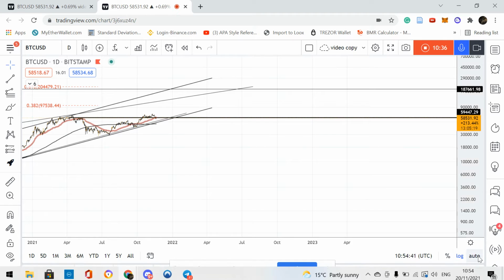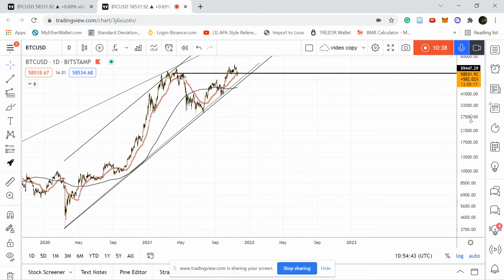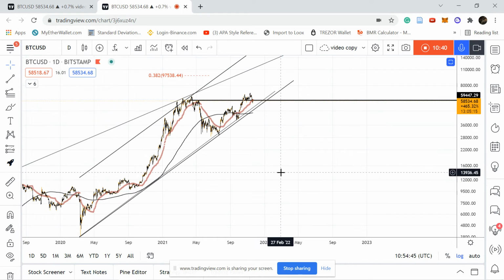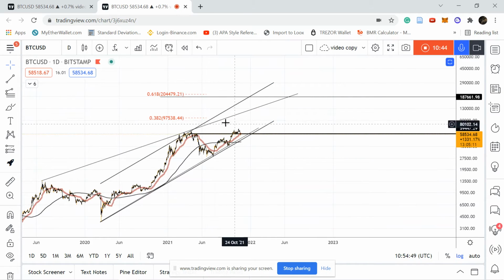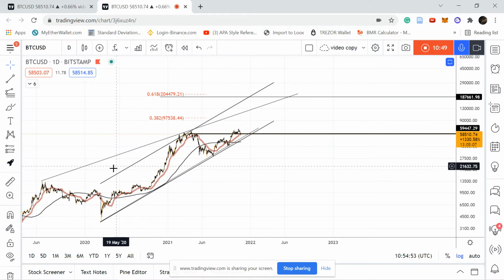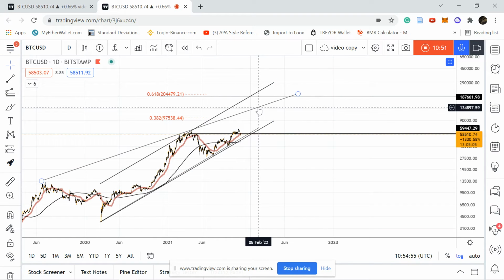These are the two lines which give us the possible targets for wave five. So when Bitcoin reaches the first resistance line over here, we will need to be careful because we might be in for a reversal. And the same when Bitcoin goes up and touches the channel over here.